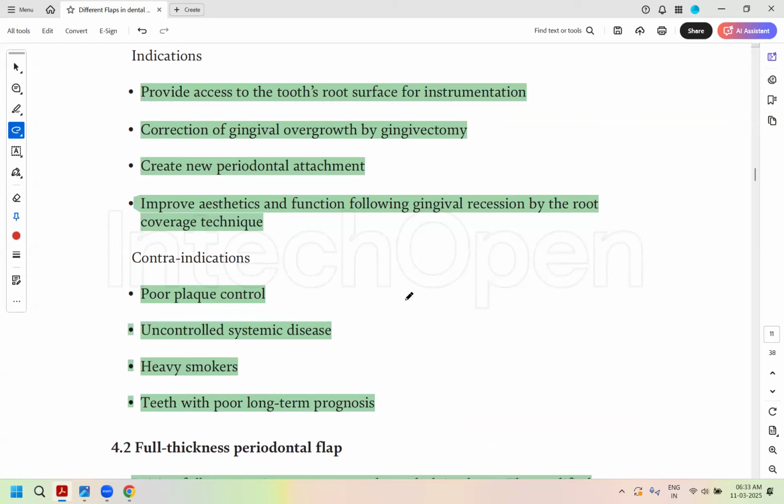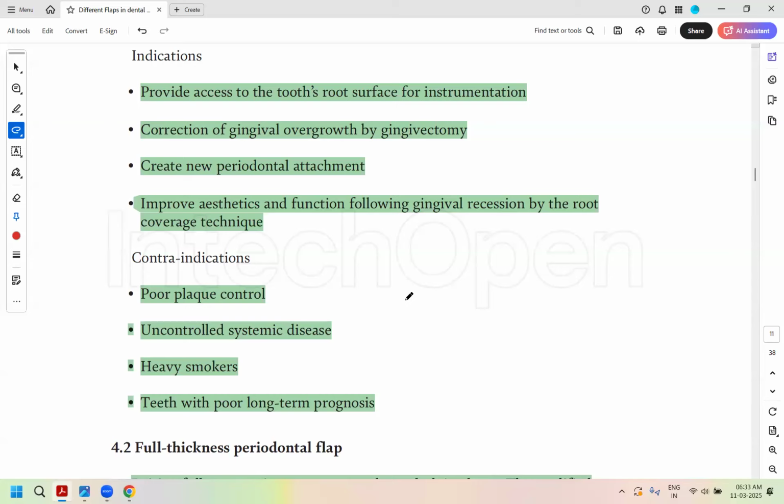So these are the basic indications, and these are your basic questions that are asked in the exam. Even if the complete technique is not asked, they still ask why you need to raise the flap for periodontal surgeries. What are the indications? You would do it when you require root surface access. What is that procedure? Can anyone name it? Why would you require the root surface for instrumentation? What is the name of that procedure?